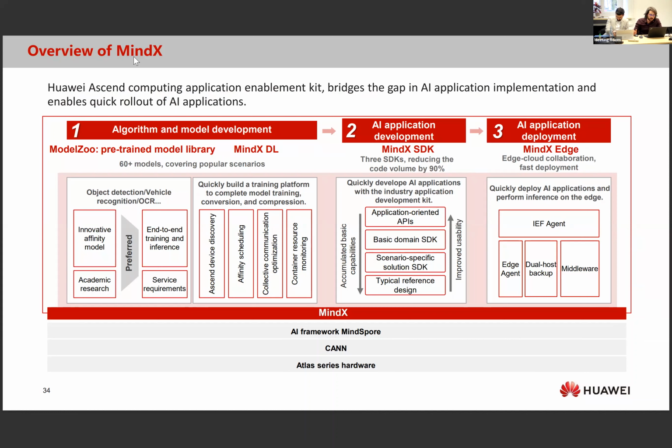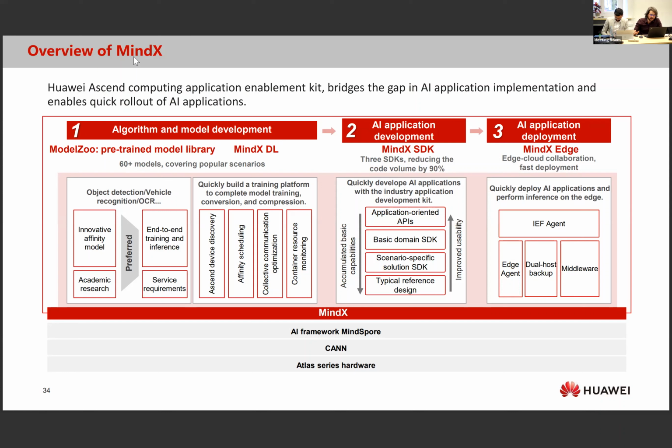It also enables orchestration between Huawei NPUs and schedules tasks by providing load balancing. It helps to collect and monitor container resources. Thereby, we can quickly build a training platform to complete model training, conversion, and compression with MindX DL. Another MindX distribution is MindX SDK.